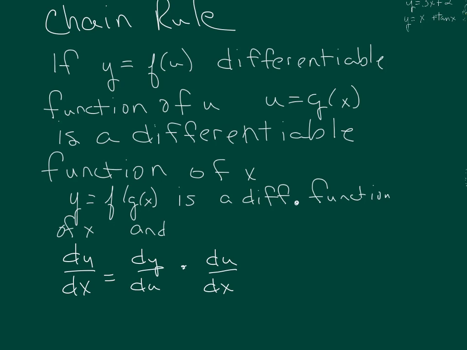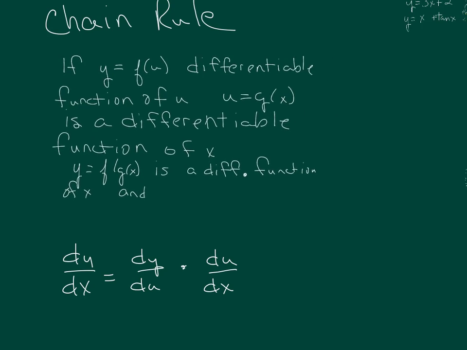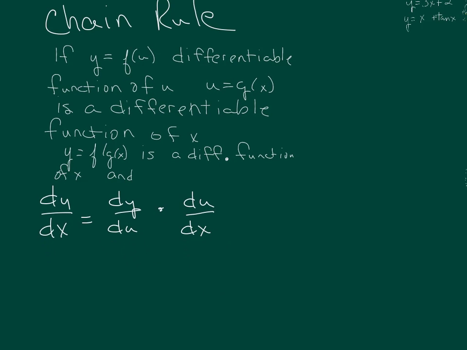I wanted you to see this because you could see this form somewhere, but the preferred way that I think makes it easier to understand is that if we look at the derivative of y with respect to x of f of g of x, that is our composite function.